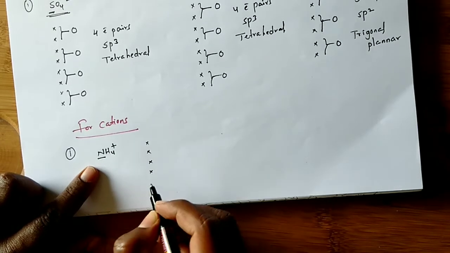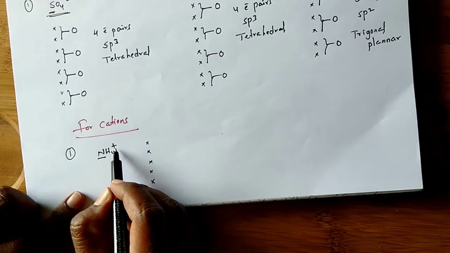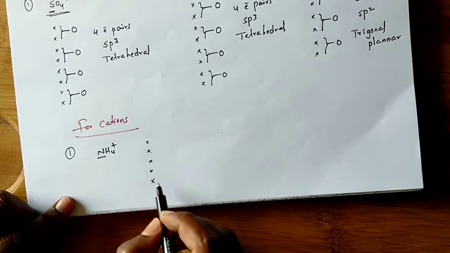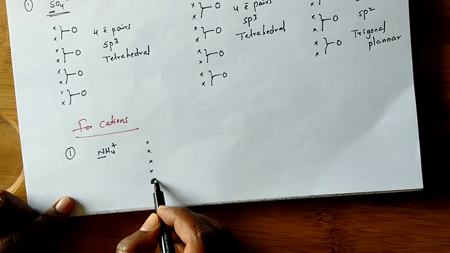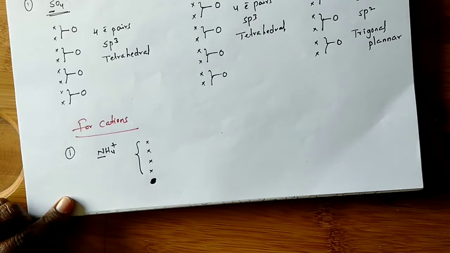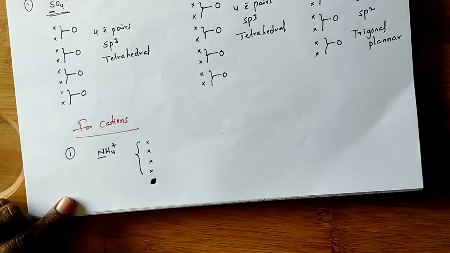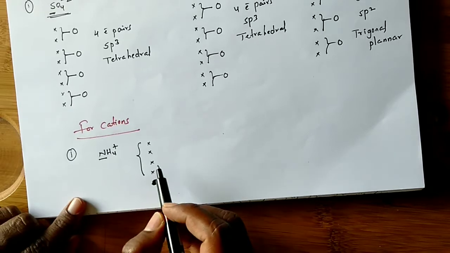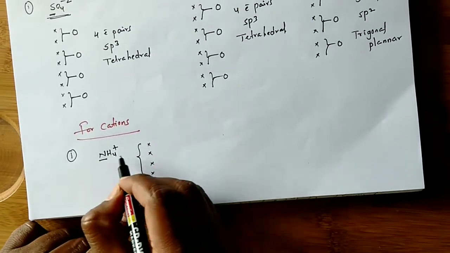Nitrogen belongs to fifth A group, so I kept here 5. But here there is a positive charge. If a positive charge is there, we neglect one electron, so we should not keep this one electron. We only have to consider these 4. If plus 2 is present, then 2 electrons should be neglected. Here I neglected 1 electron, so total 4 only.